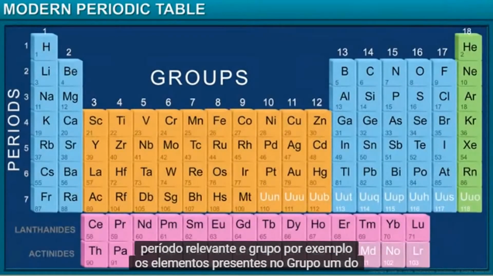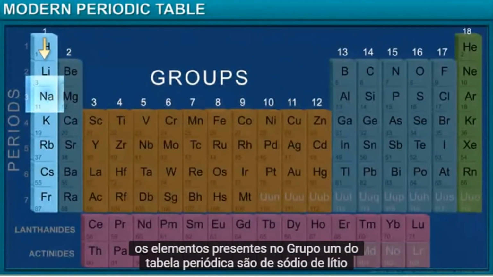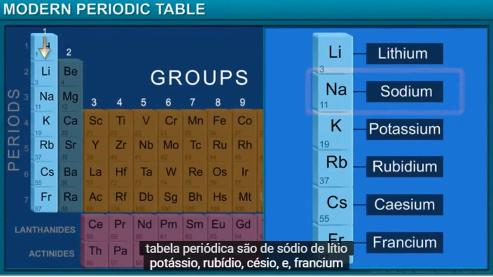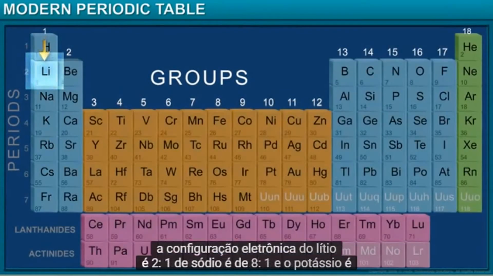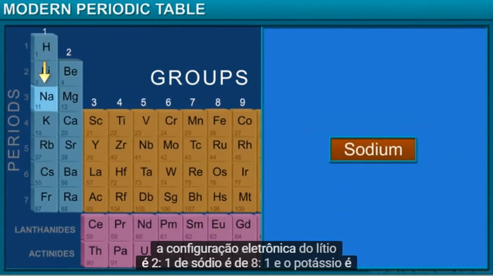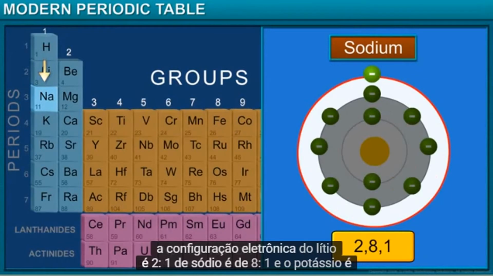For example, the elements present in group 1 of the periodic table are lithium, sodium, potassium, rubidium, cesium, and francium. The electronic configuration of lithium is 2, 1. Sodium is 2, 8, 1.